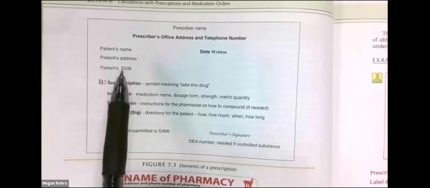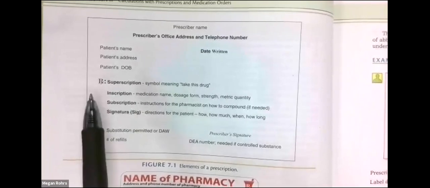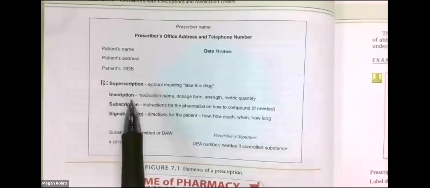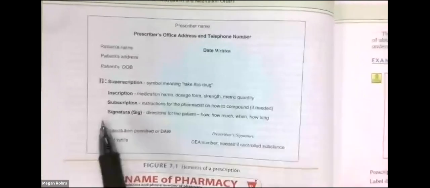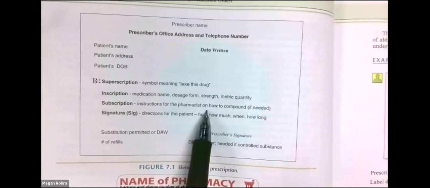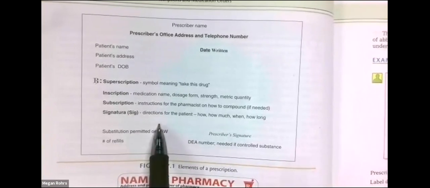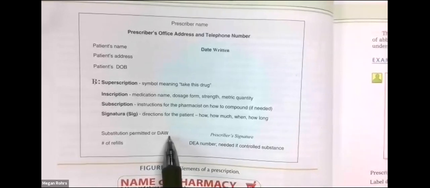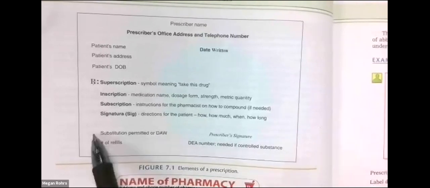And then we'll always have the patient's date of birth. So the superscription is just the RX symbol. That's going to be followed by the inscription, and then sometimes the subscription if it's a compound, and then the SIG.